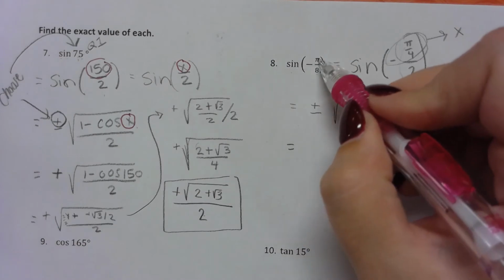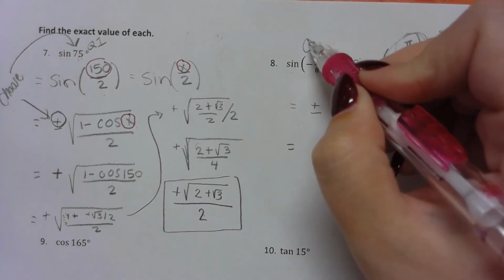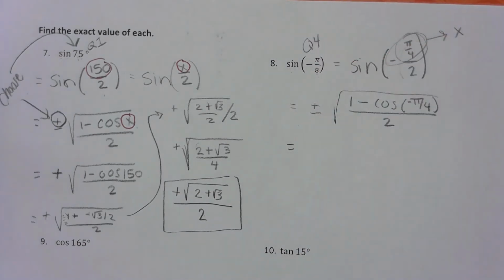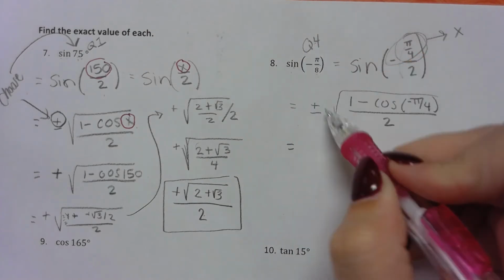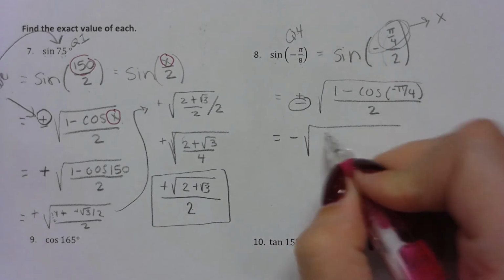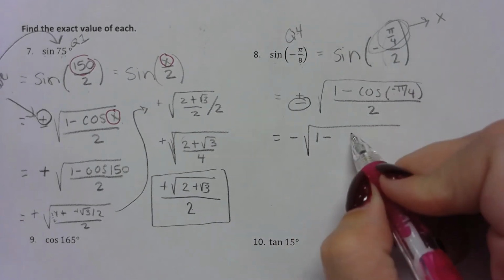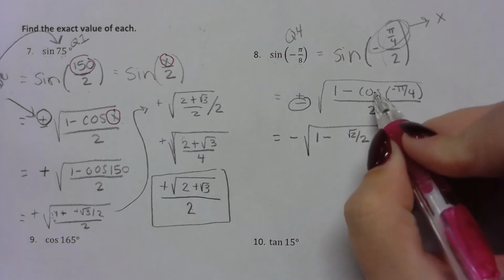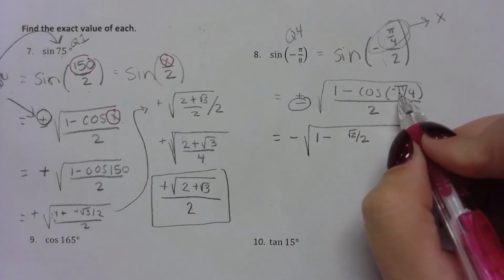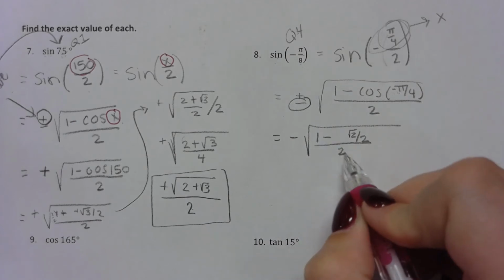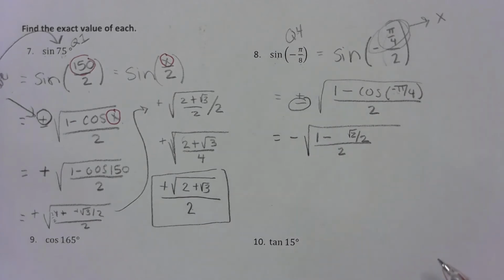Now, sine of negative pi over 8, that's going to be in quadrant 4. And in quadrant 4, sine is negative, so I'm going to choose the negative here. So negative 1 minus cosine of pi over 4 is root 2 over 2. And this is in quadrant 4, where cosine is positive. So we have minus positive root 2 over 2.